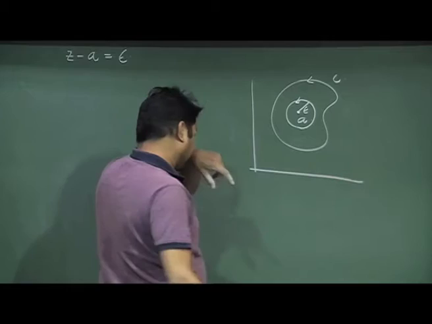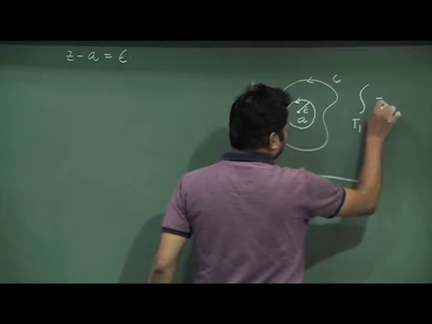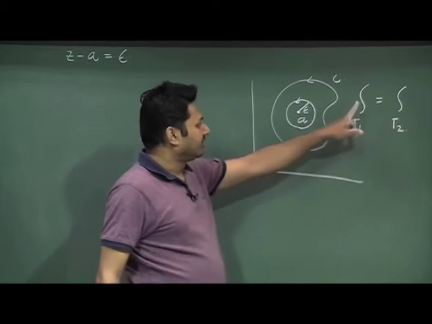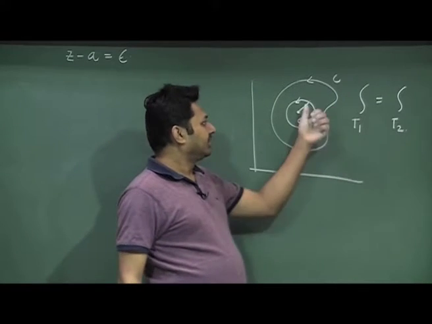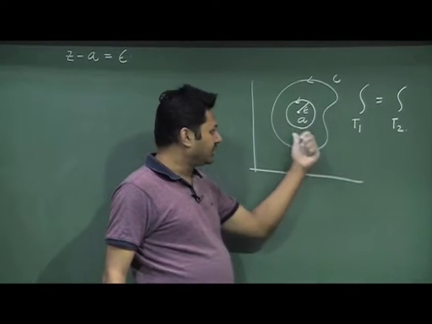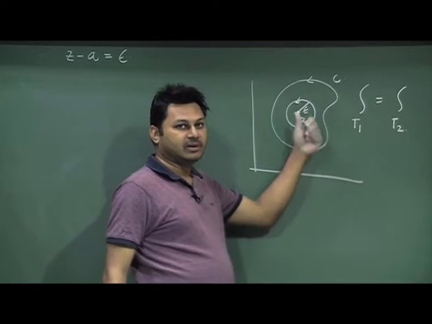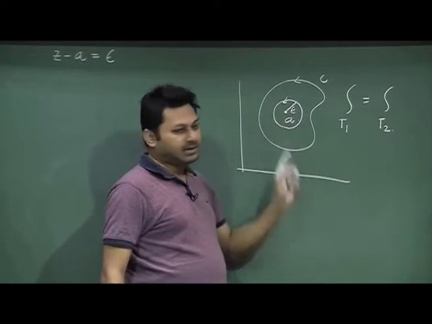Last day we proved that, if you remember, gamma 1 is equal to gamma 2. So the integration over the bigger curve is the same as over the smaller inner circle if I put a smaller circle inside this region.